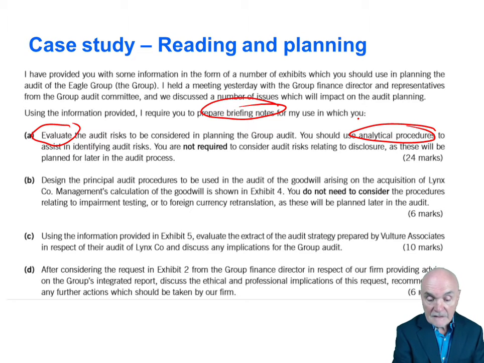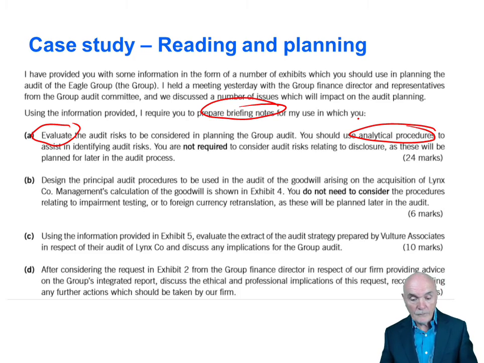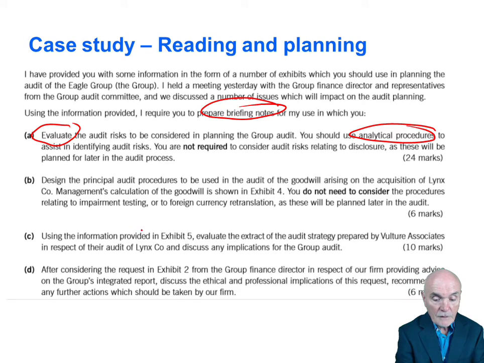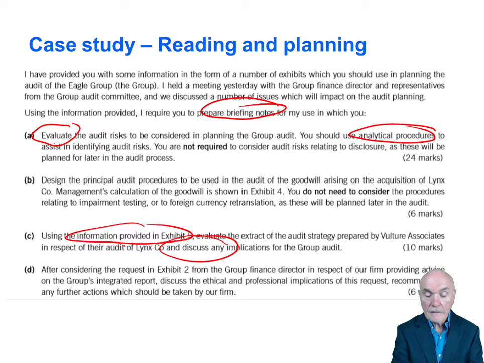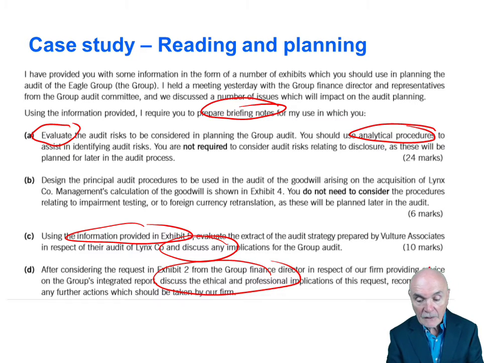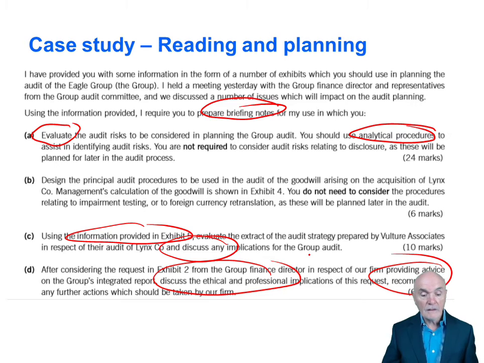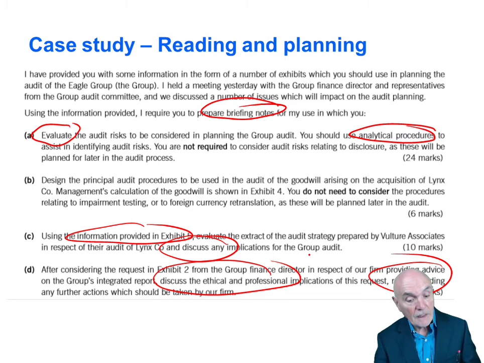In part C, for example, we have to use the information in Exhibit 5 and then discuss any implications. In part A, after considering the request provided here, we have to discuss the ethical and professional implications, and we have to recommend further actions.